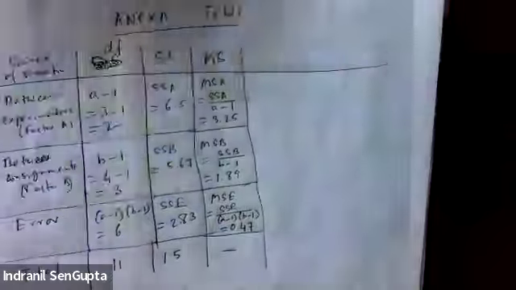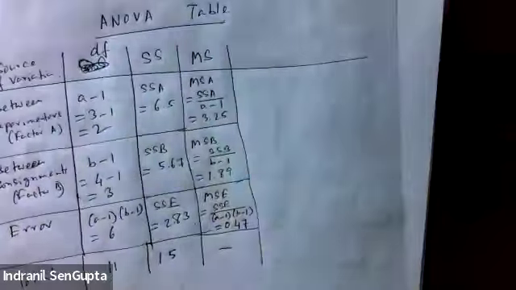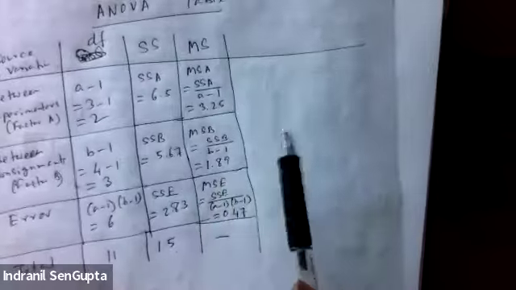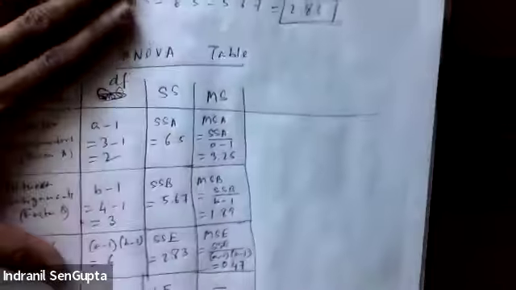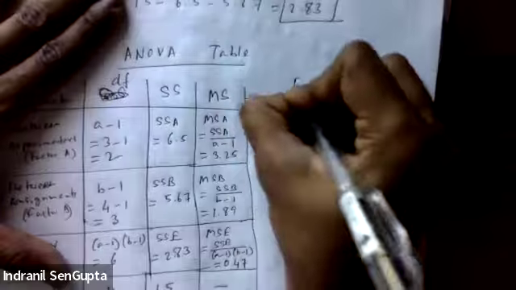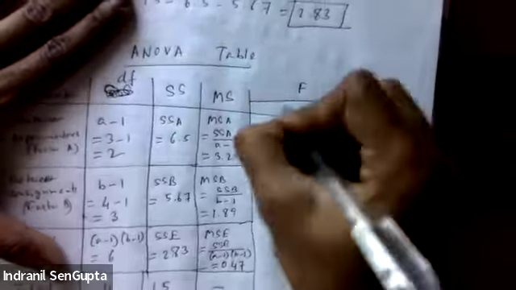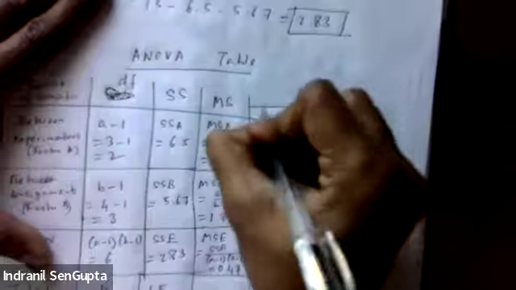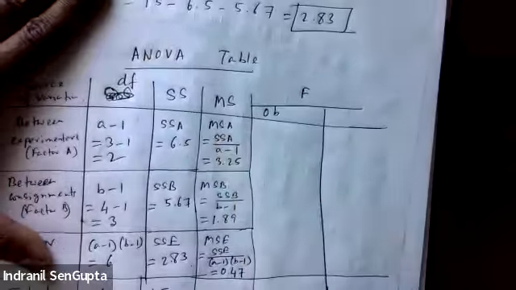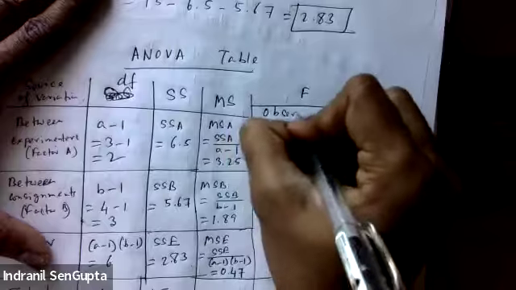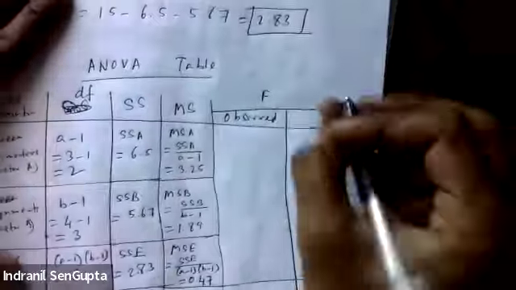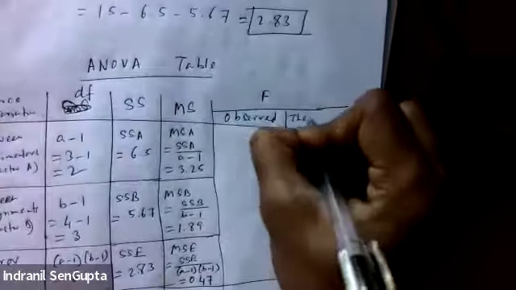The structure should be very similar to what we have done for one-way ANOVA. Look at this, this is the thing we did, and we are doing the exact same thing, except now we have another factor. Now the F values. Let's compute the observed ones, and then I'll write the theoretical ones.